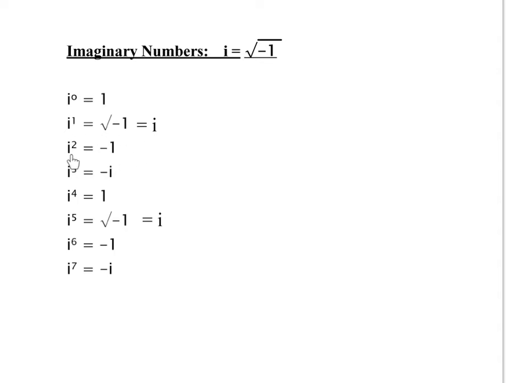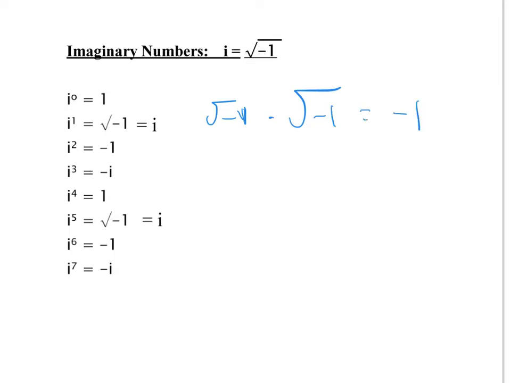i squared is equal to negative 1 because the square root of negative 1 times the square root of negative 1 is going to equal negative 1.